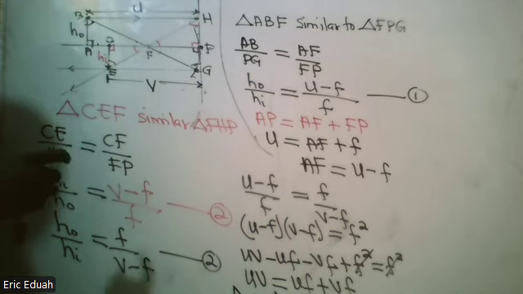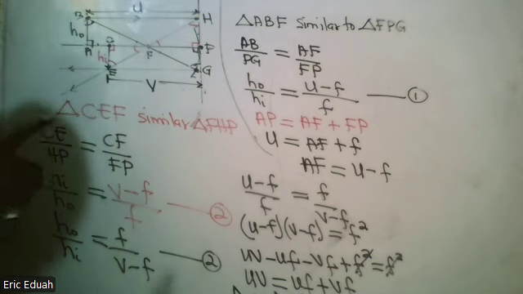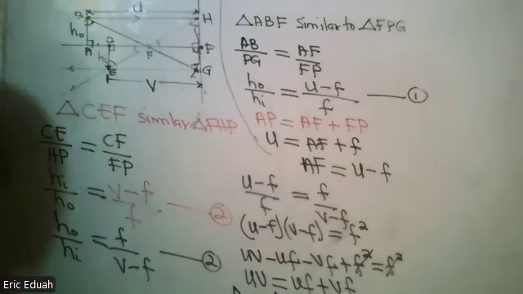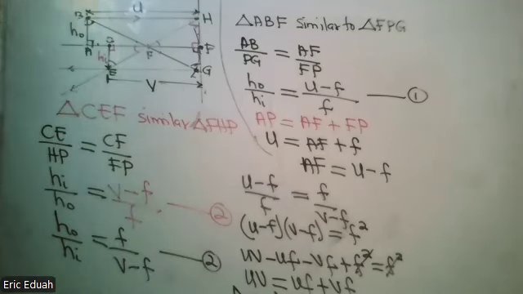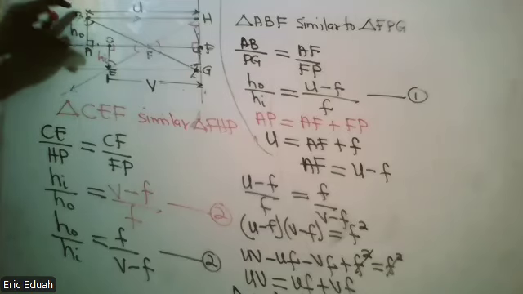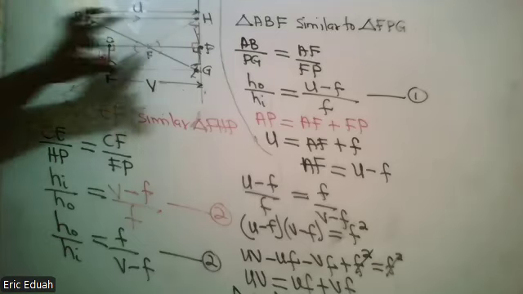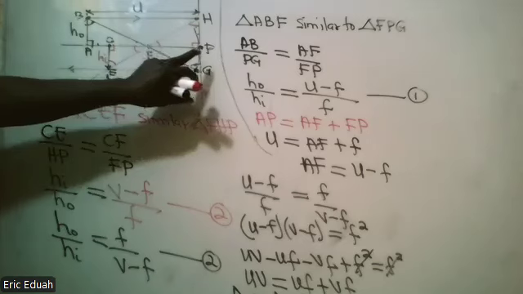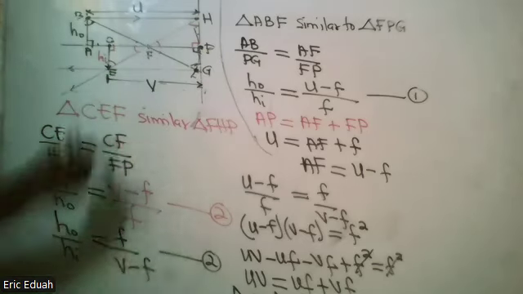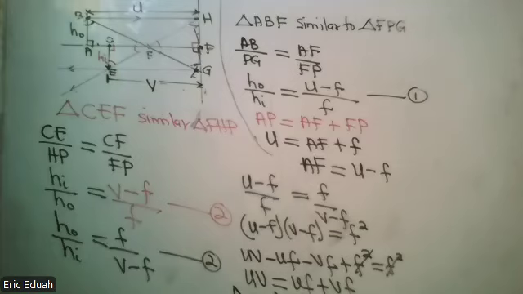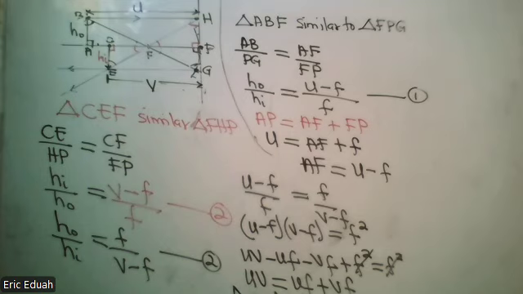Triangles are similar when their interior angles are the same, when one is a scaled up or scaled down version of the other. And when triangles are similar, the ratio of their corresponding sides must be equal. So Mamiya, that's all. When you go through it, it's not difficult.